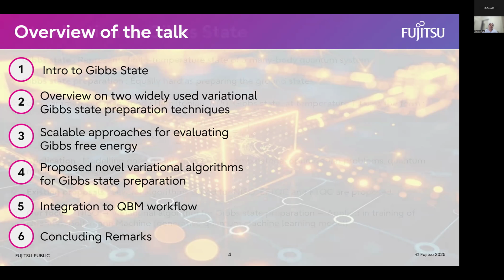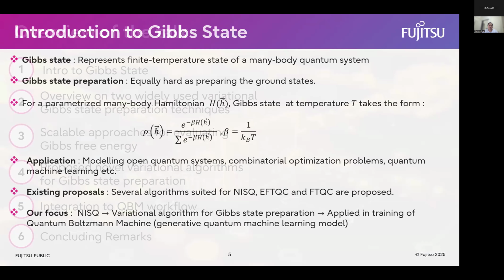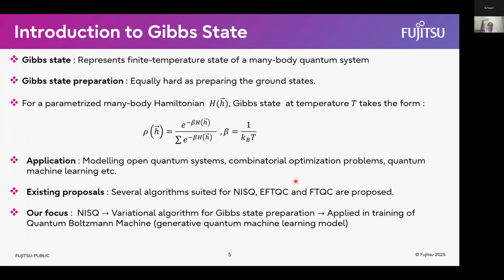Yeah, so I think by now many of you might already know what a Gibbs state is, from the previous talks as well as from your background. But still, I will quickly go through it. The Gibbs state, as all of us know, represents the finite temperature state of a many-body quantum system, and it is equally hard as preparing the ground state, especially at low temperatures.